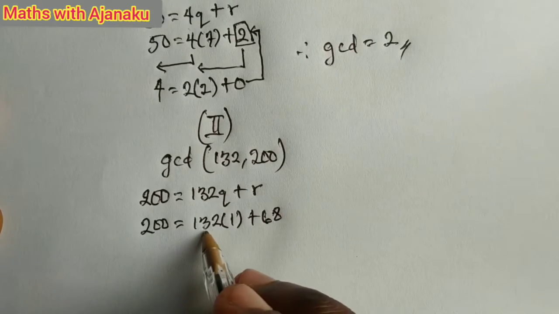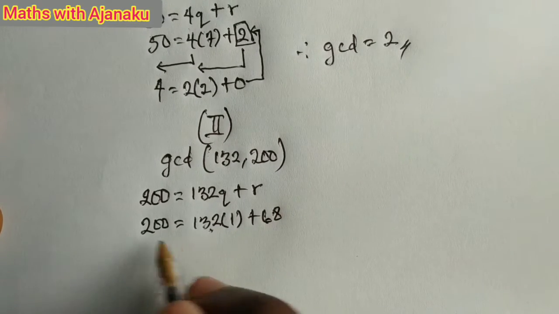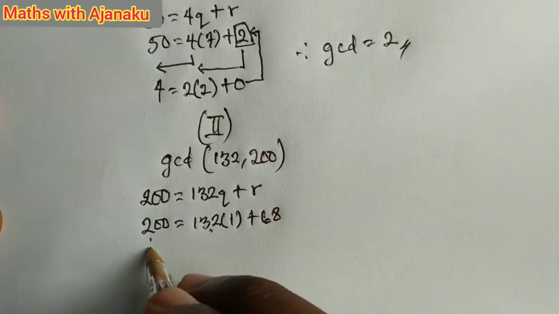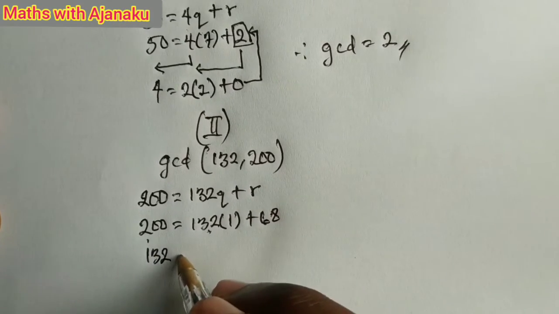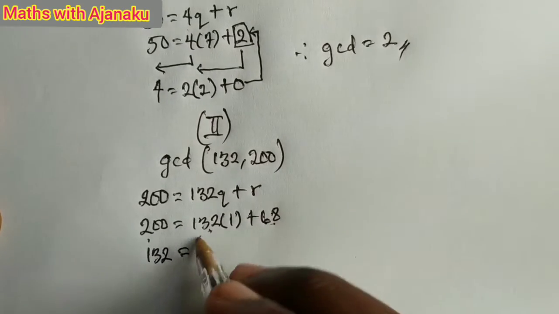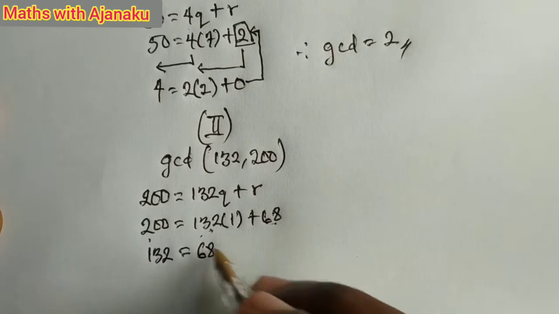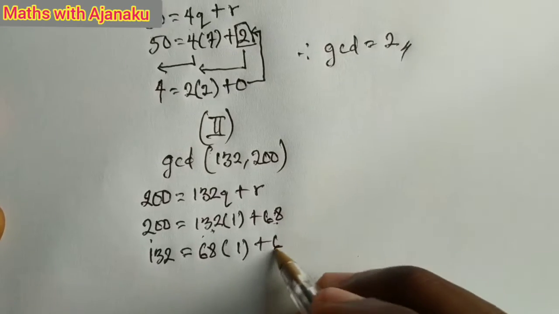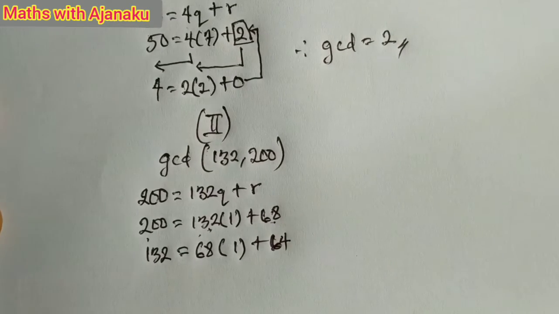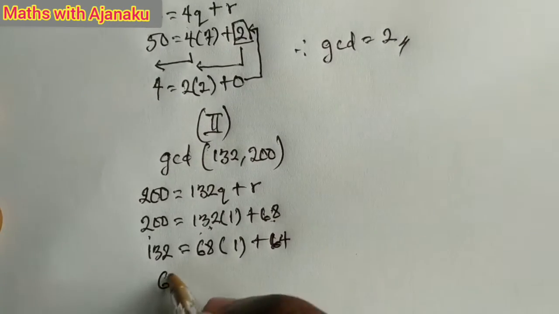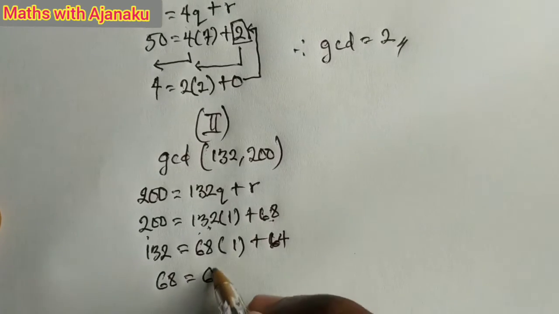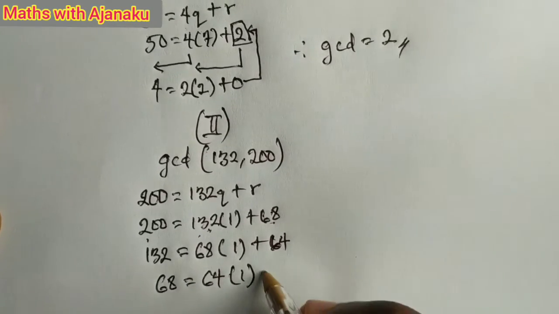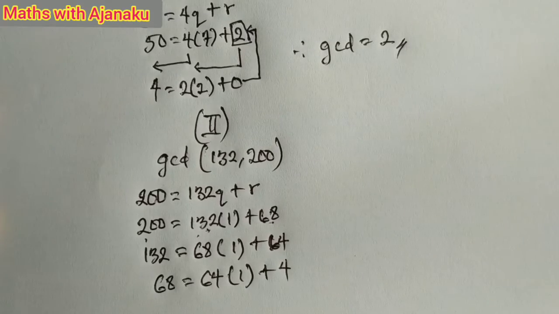Of course, since we've gotten this, we move over to where 200 is, and that will be 132 is equal to this shift over here, 68 times 1 plus 64, which is the remainder. This becomes 68 equal to 64 times 1 plus 4 being the remainder.